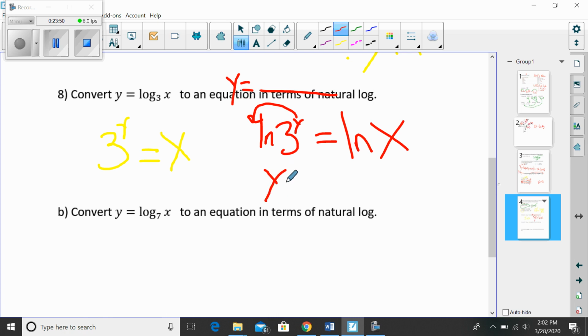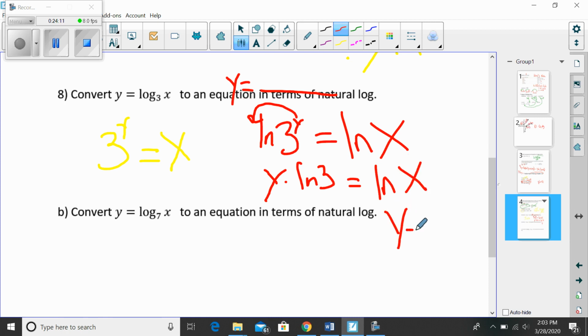So I get y times natural log of 3. Oh, messy. Natural log of 3 equals natural log x. Now I can solve for y.